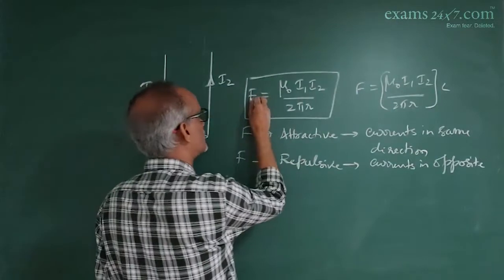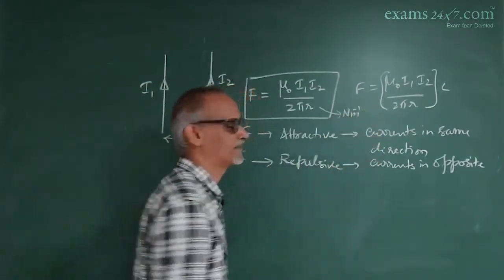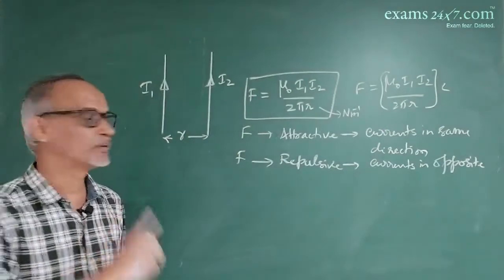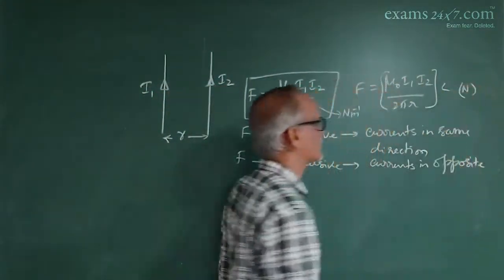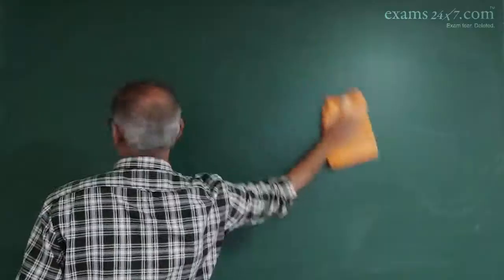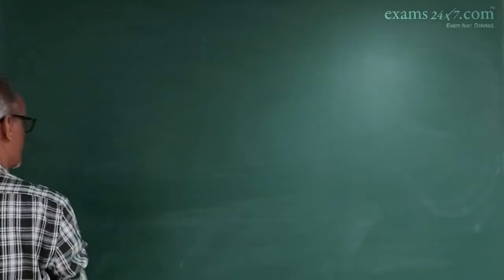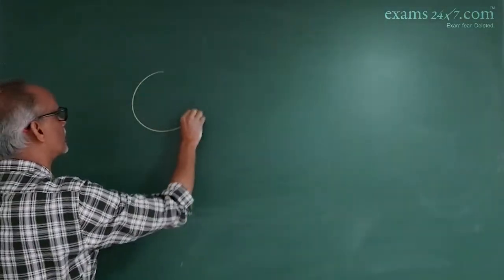And that's why the unit of force here is not Newton, it's Newton per meter, because we are finding force per unit length. But in this case, the unit is Newton only, because we are finding the total force on a given length of the conductor.